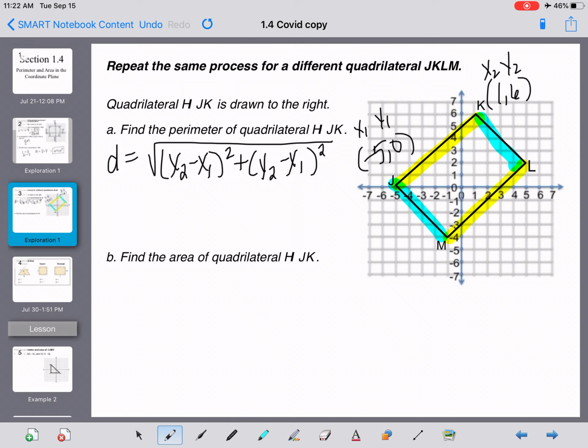So now let's just plug everything into my distance formula. x2 is 1 minus x1, which is -5, so I'm subtracting a negative. y2 is 6 minus y1, which is 0.